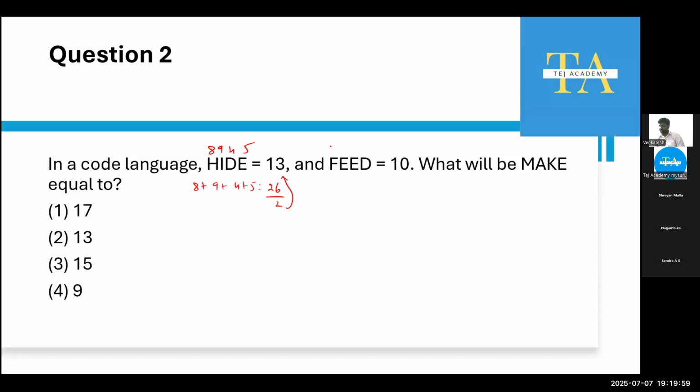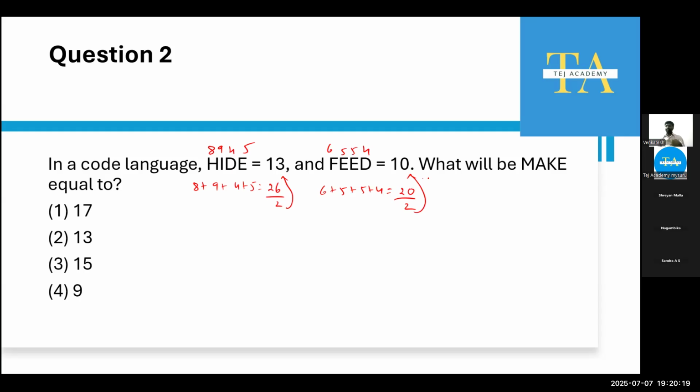Okay, so now for feed: 6, 5, 5, 4. Can we add all these? 6 plus 5 plus 5 plus 4. How much is the sum? 20. Divided by 2, we get the number 10.